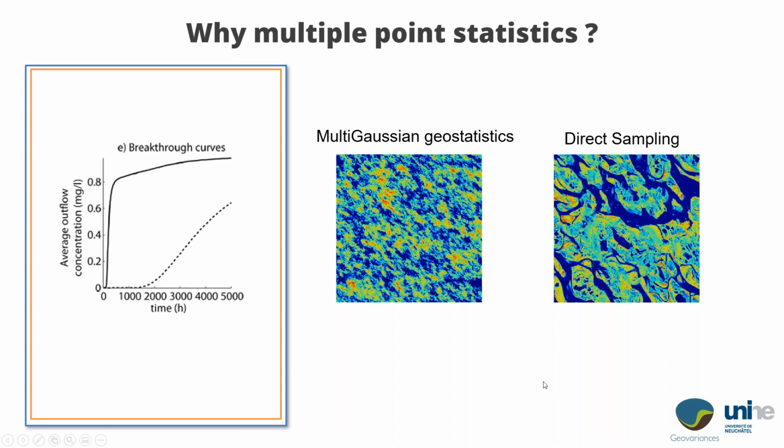So having a broader range of geostatistical models is very important because it will allow us to better represent the uncertainty about the underground and be able to account for different kinds of connectivity structures.